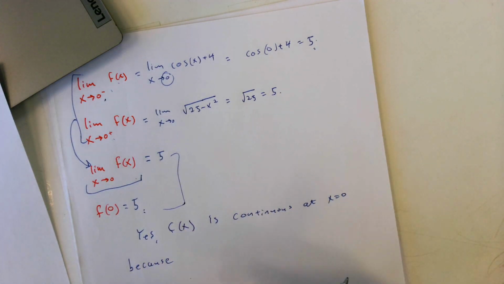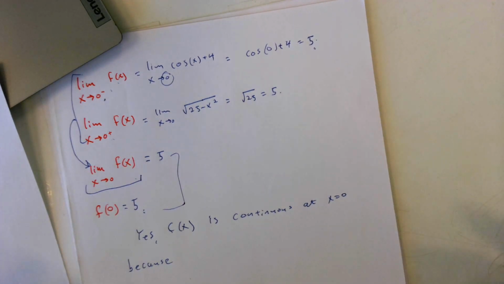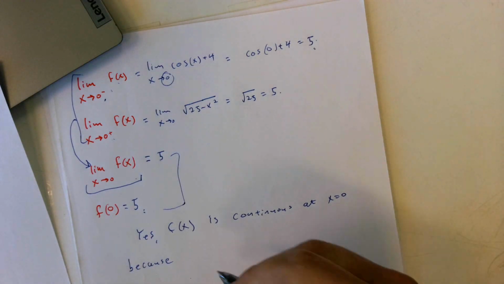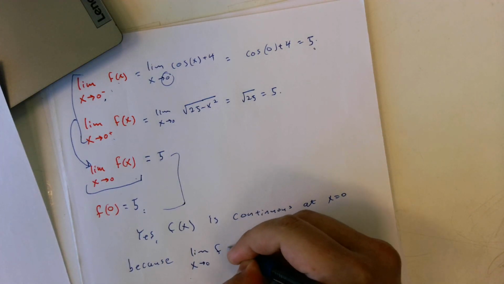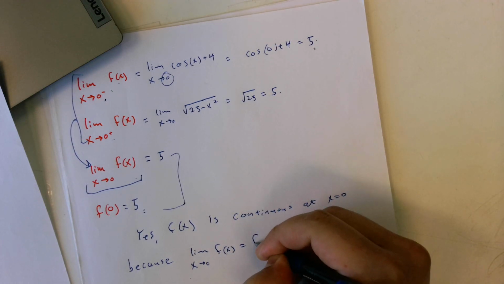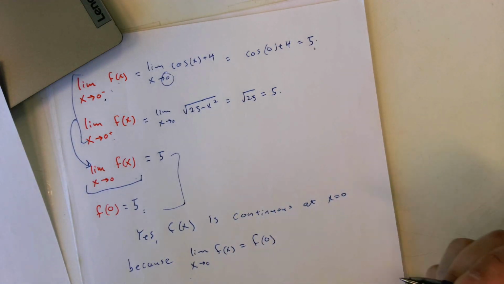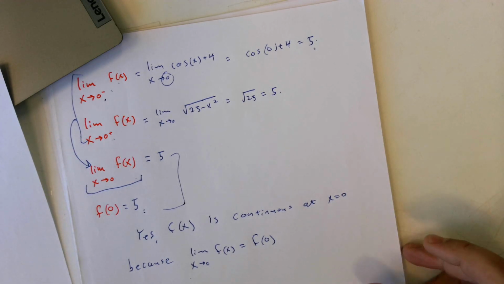Notice I'm doing that flipped question deal that they teach you in like 5th grade. Restate the question explicitly so you can answer it, because the limit as x approaches 0 of f of x equals f of 0. I could state that they're both equal to 5, but ultimately, whatever.